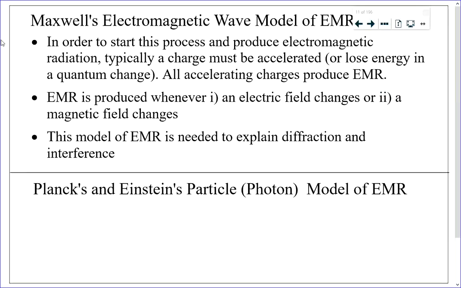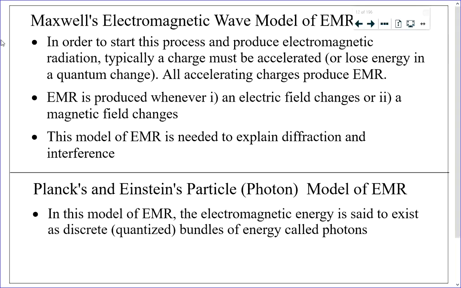We contrast that with what's loosely called the particle model of EMR, which is really the photon model of EMR. And this was proposed by Planck and Einstein together, and what it says is that electromagnetic radiation, whether it's light or gamma rays or infrared radiation or radar or microwaves, all of these forms of electromagnetic radiation are composed of little discrete, in other words, quantized bundles of energy, which we refer to as photons.